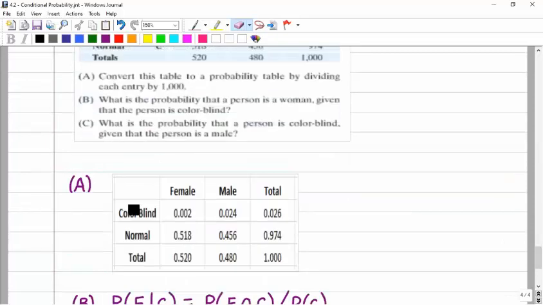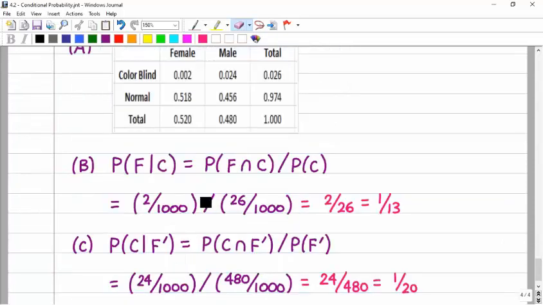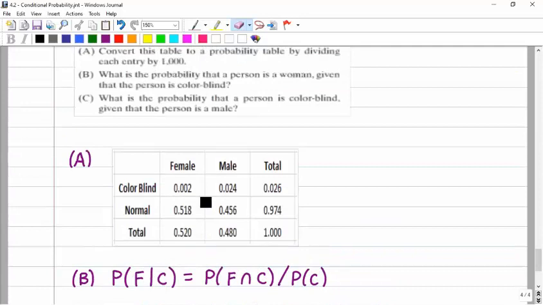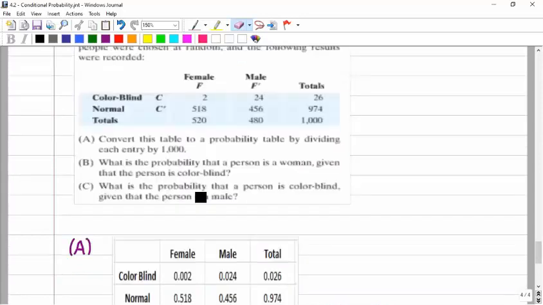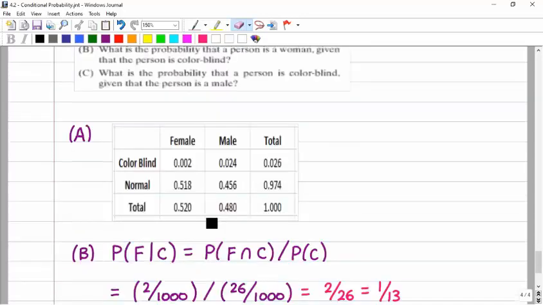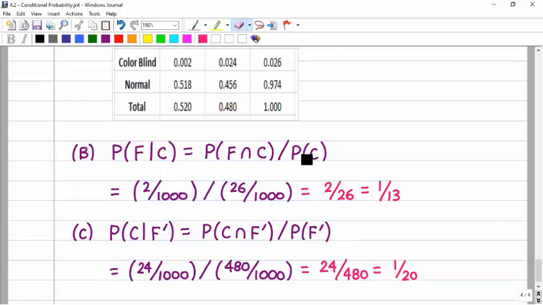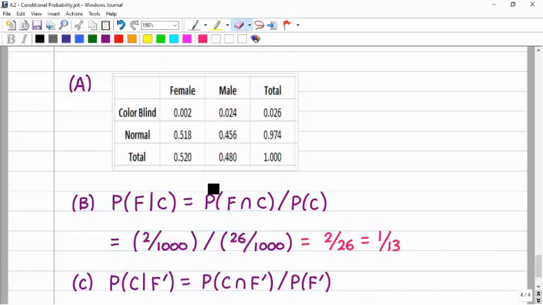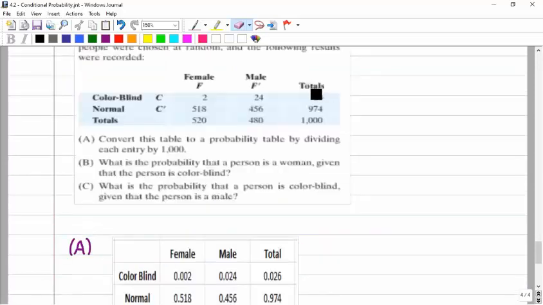So you'd be saying 2 out of 1,000 where female meets colorblind, and then divided by colorblind, because it's the part that goes after the given. There are 26 total colorblind, so 26 out of 1,000.